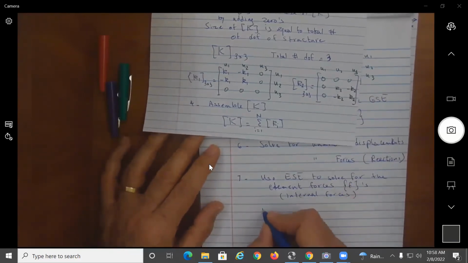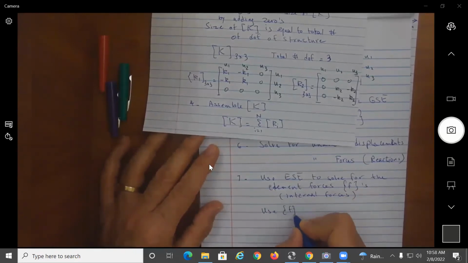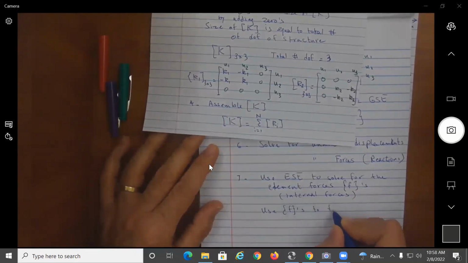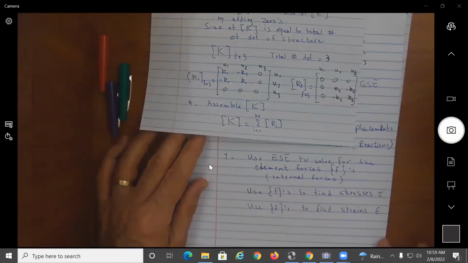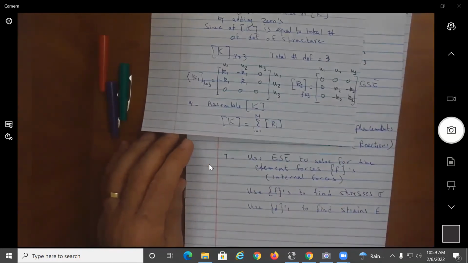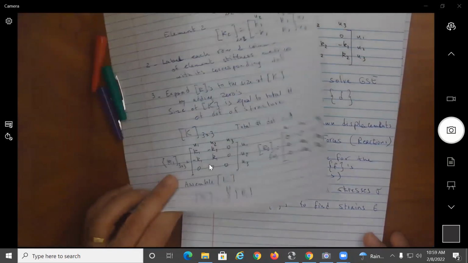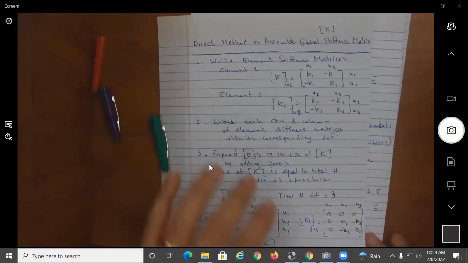And we can use the F's here to find stresses. And we can use the D's to find the strains. So this is sigma, and here is epsilon. Okay. So this is how we are going to apply the finite element method or the direct method to solve a problem.